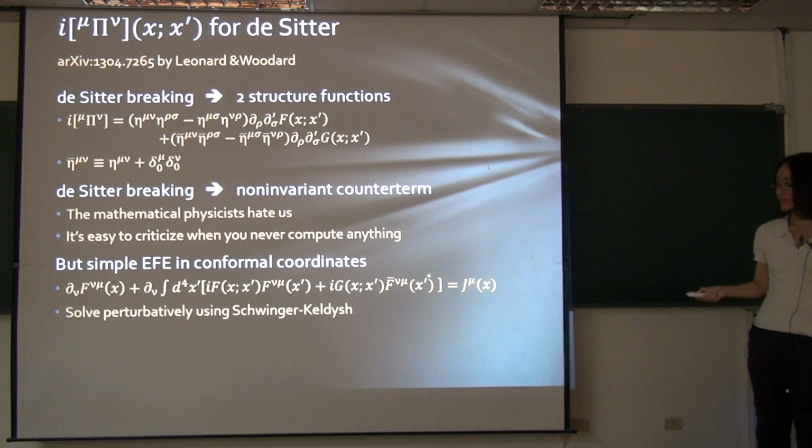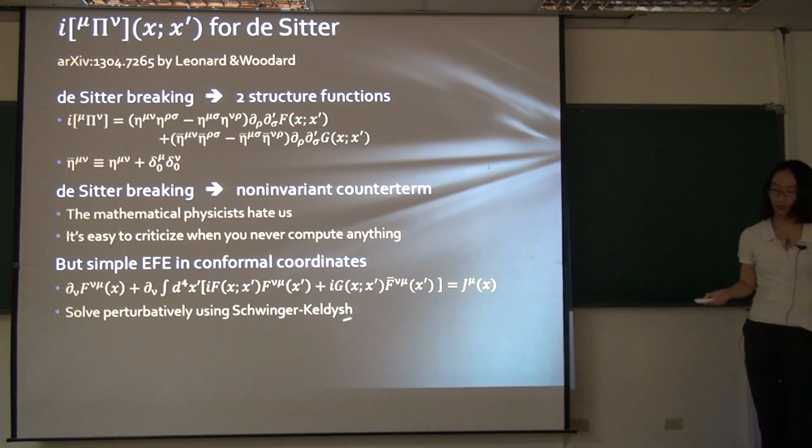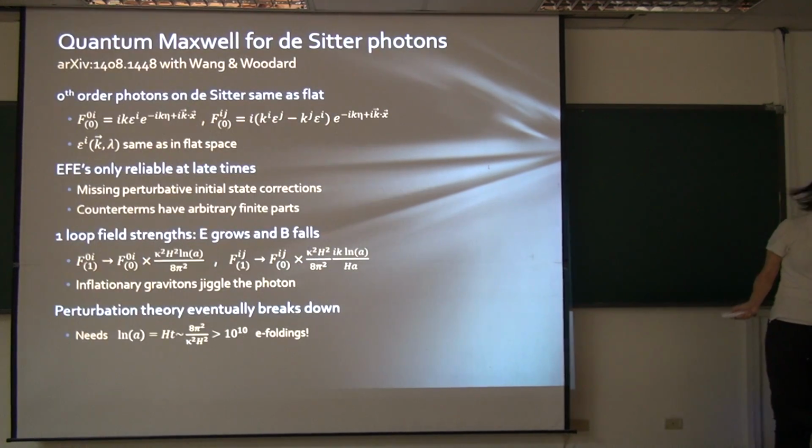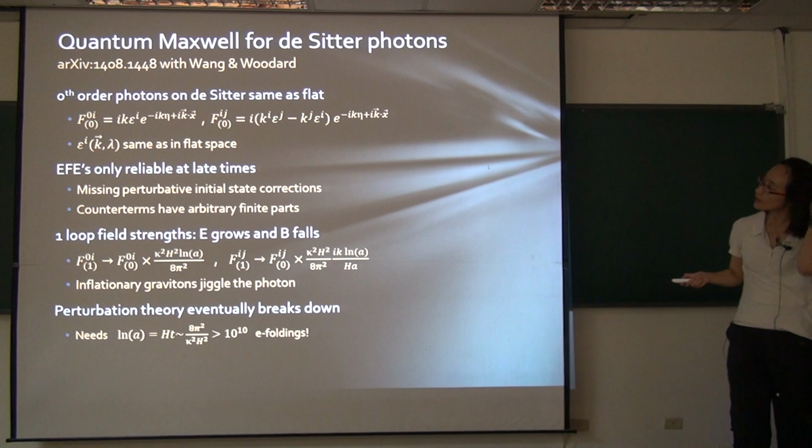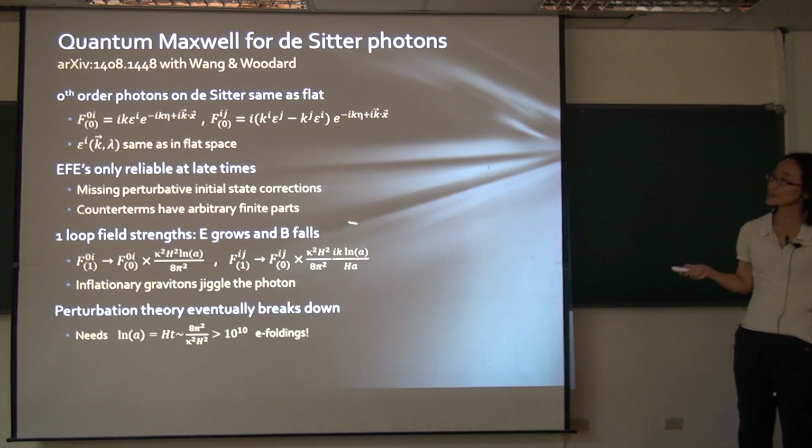And also, we solve this using the Schwinger-Keldysh formulas, which just guarantee to get the result real and causal. So this is the de Sitter invariant one.